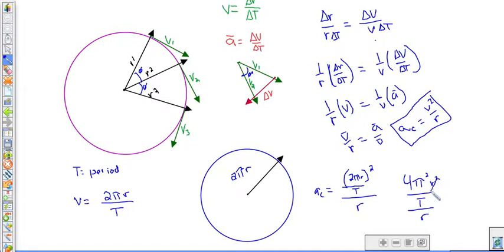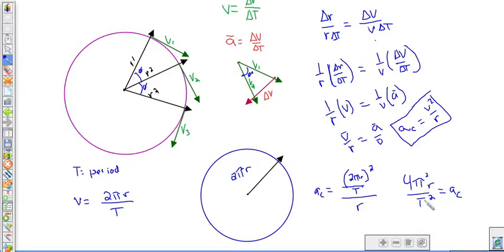So I can cancel out one of these r's to clean things up. So I've got 4 pi squared r over t squared, and that actually equals centripetal acceleration.